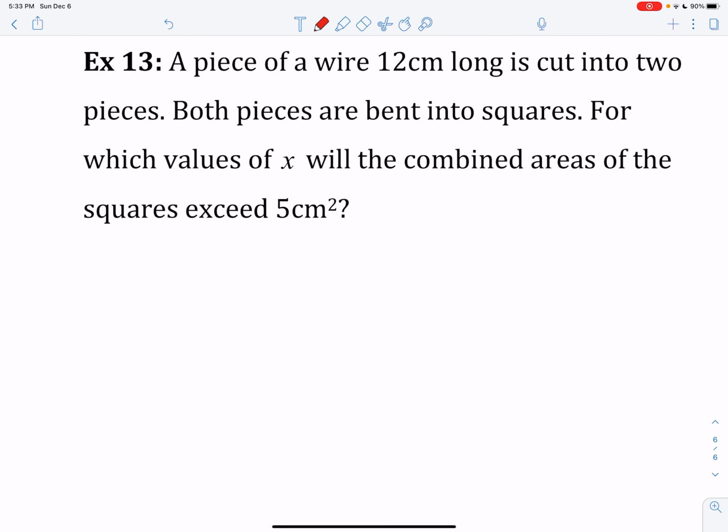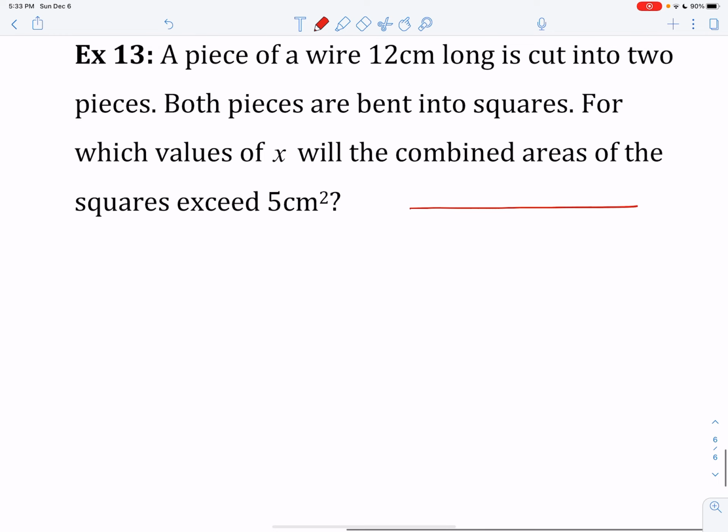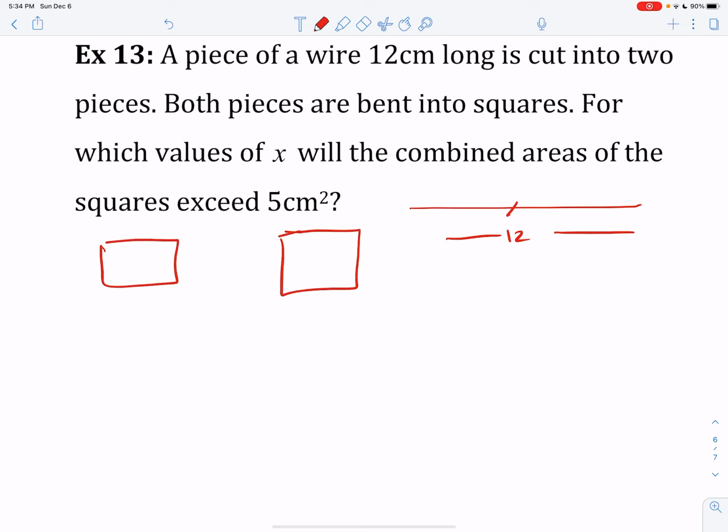You're given a piece of wire. That piece of wire is 12 centimeters long, and it's cut into 2 pieces. Okay, this whole thing was 12. And each of those pieces is put into a square. So I'm going to have one square. There's my second square.